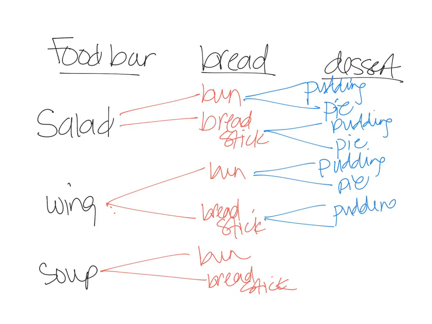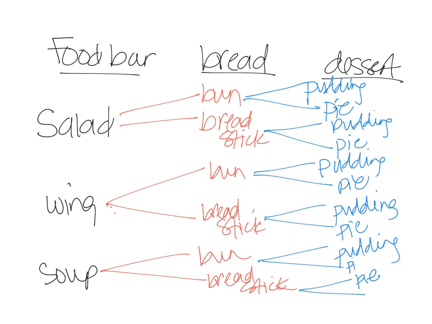Notice how I'm keeping it nice and organized and clear so I don't miss any of my choices. If you try to cram this into one tiny line on your page or a few lines, you're going to miss some of the choices. So like I did here because I was trying to talk.